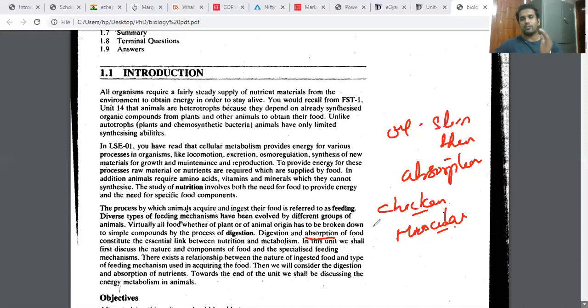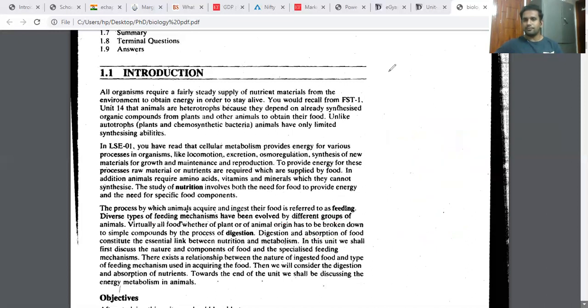Otherwise it will deteriorate slowly, and one day it will vanish, meaning it will become obsolete, no more useful to you. Like that, if you don't follow a proper lifestyle, though digestion may happen, absorption will take a back hit.